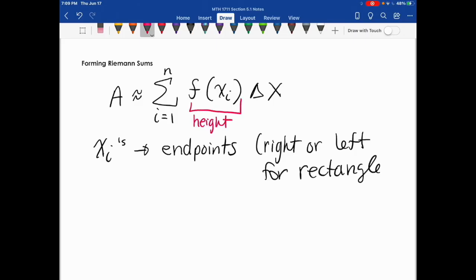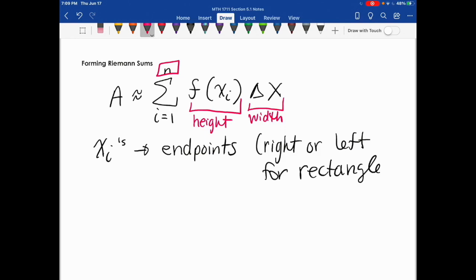So that, when you plug it into the function, this whole thing here will give you the height of the rectangle. This gives you the width of the rectangle. And you do that for each rectangle, and we stop at n rectangles. You can see here that n is that upper limit where we stop adding them up.